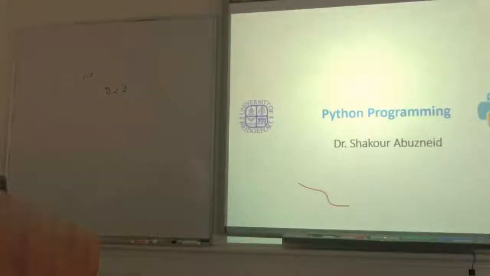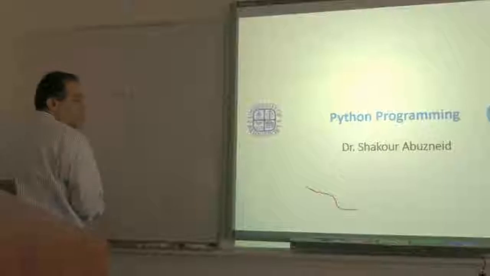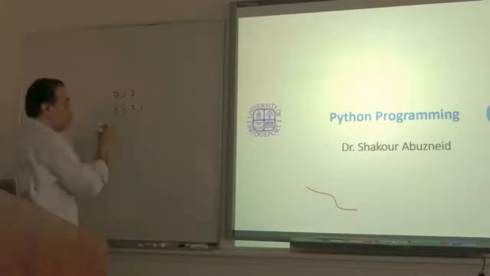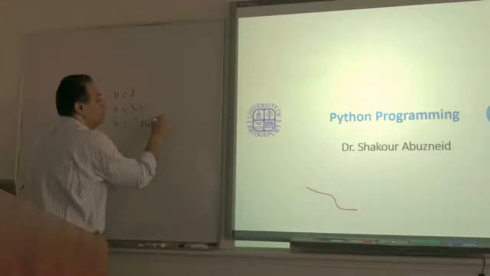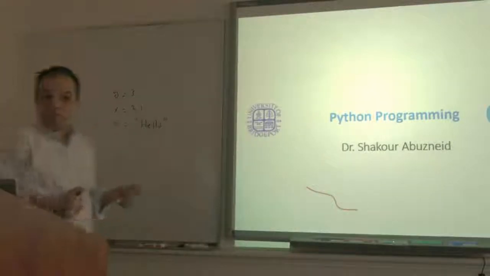When you create a variable, it could be an integer, it could be a float, x for example 3.1, it could be a string, z equals, for example, hello. That's how we deal with creating variables.